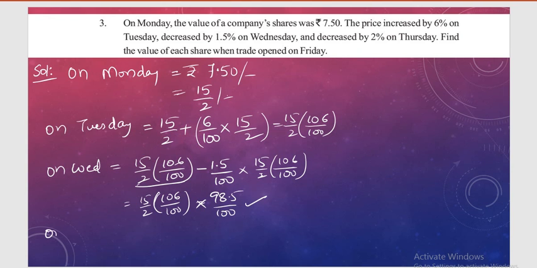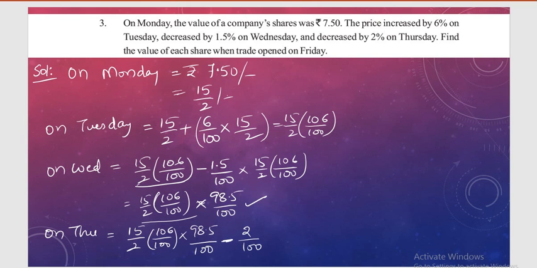Next, on Thursday, what will happen? So this actual amount will be there as it is. So 15 by 2 into 106 by 100 into 98.5 by 100. And what happened on Thursday? On Thursday 2% decrease, no? So 2% decrease means you need to take minus 2 by 100.